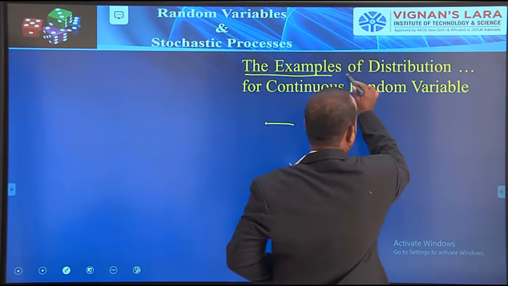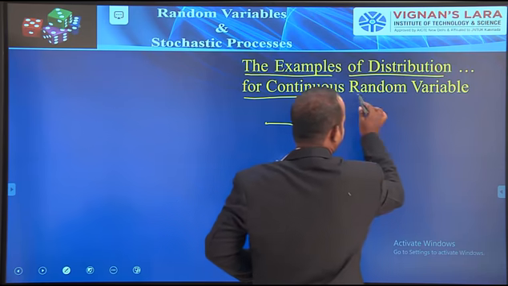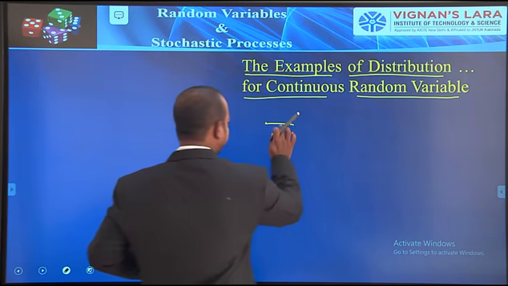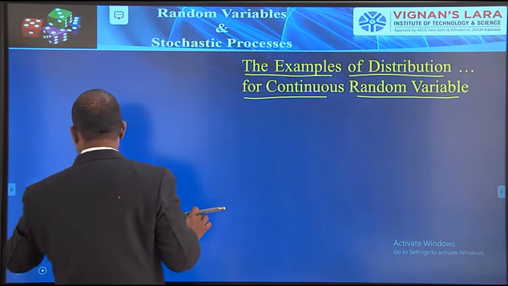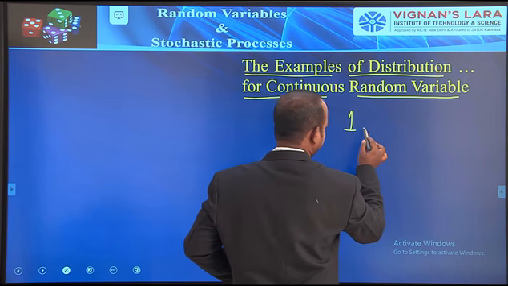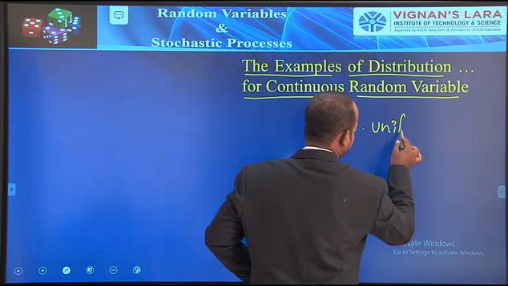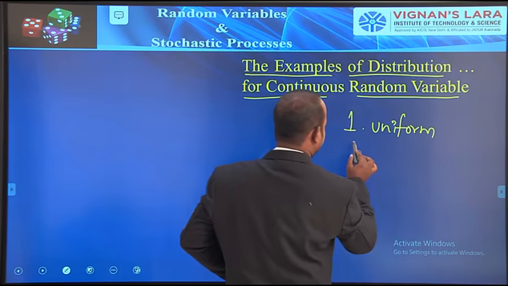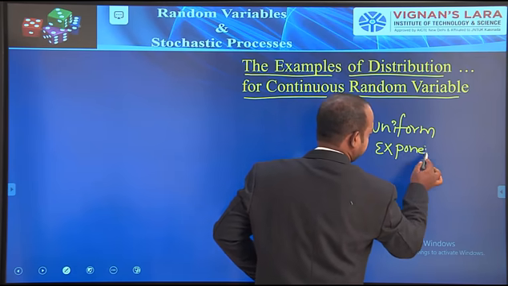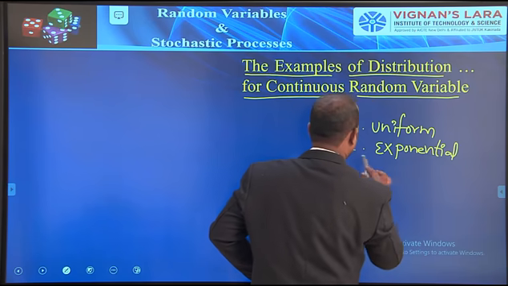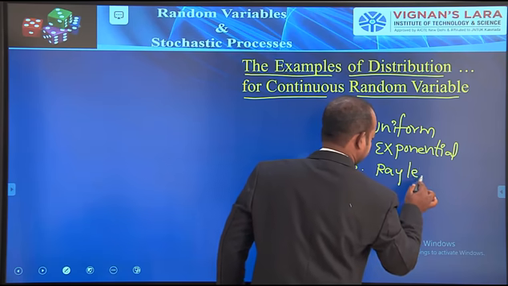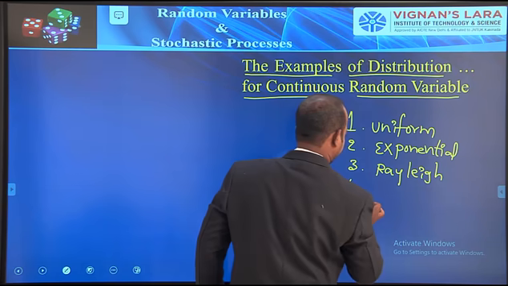The examples of distribution for continuous random variables. We are mainly having four types. The first one is uniform, the second one is exponential, the third one is Rayleigh, and the fourth one is Gaussian.